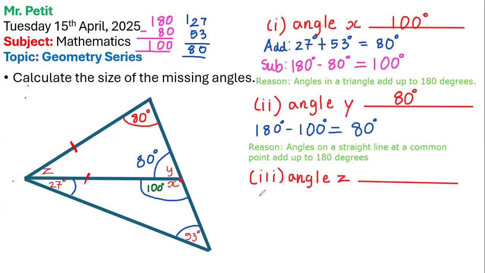First we're going to add 80 plus 80. 80 degrees plus 80 degrees is going to be equal to 160 degrees.